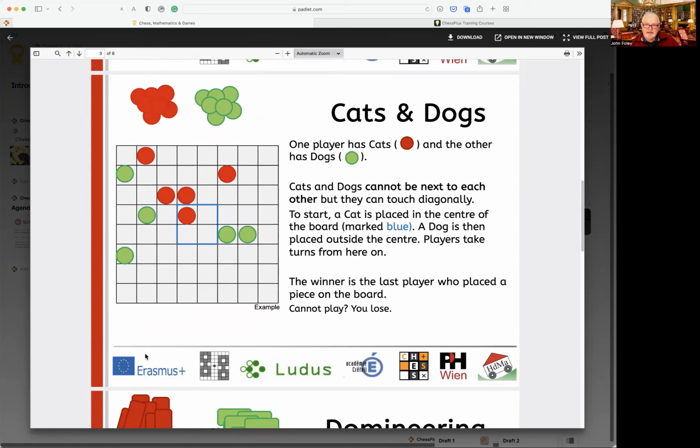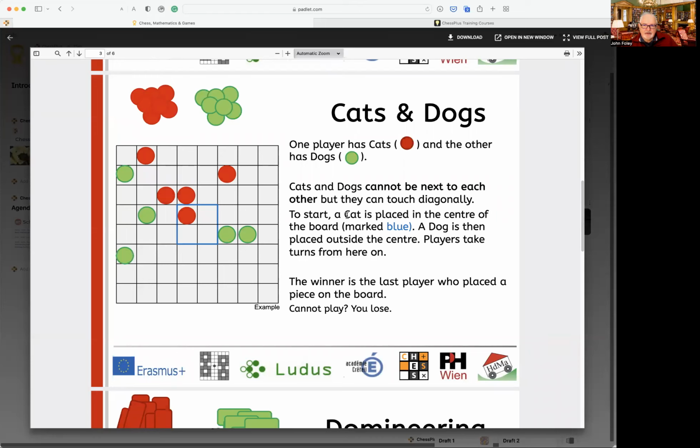By the way, the organizations involved in the Erasmus Plus project were Lulish, mathematical games specialists who belong to the mathematics department of the University of Lisbon, and ChessPlus based in London, and Haus der Mathematik in Vienna. So it is the institution in Vienna responsible for the teaching of mathematics in Austria. And they very much got on board with this.